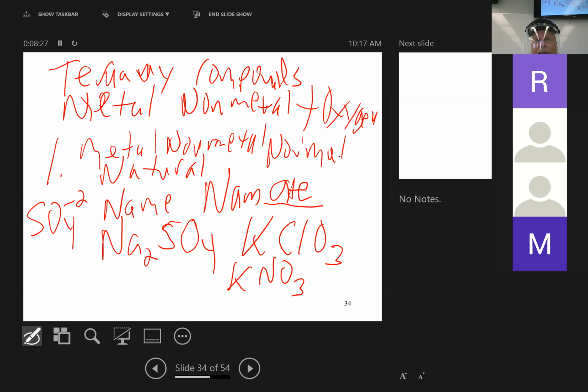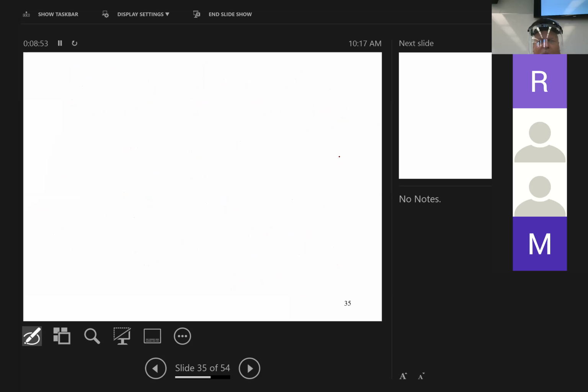Well, usually the oxygen is always -2, so it's ATE in the natural form. You're thinking ahead. I'll go to the next one, and that's the second rule, which I'll get to in a moment. Okay, but thank you. Basically, the key thing is to understand the logic behind it, and then you'll understand the silly sheet with all sorts of ions. Okay. Now let's go to the next one.